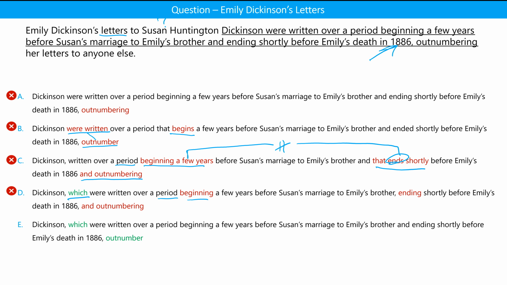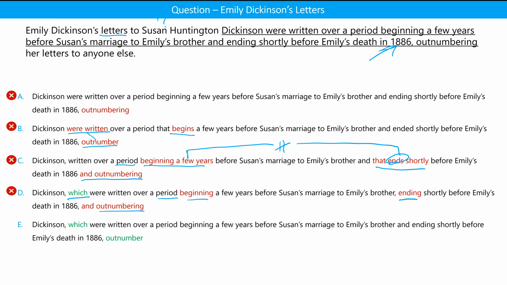So we have beginning, ending, and outnumbering seems to be connected to this list, but this is logically a list that is not parallel. So we would have that modifier error leading to a parallelism error because this list is now illogical. So we're going to reject choice D on those grounds and move on to choice E.